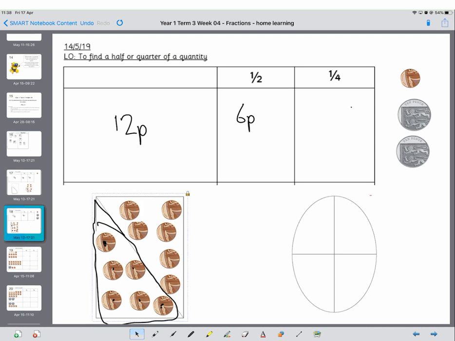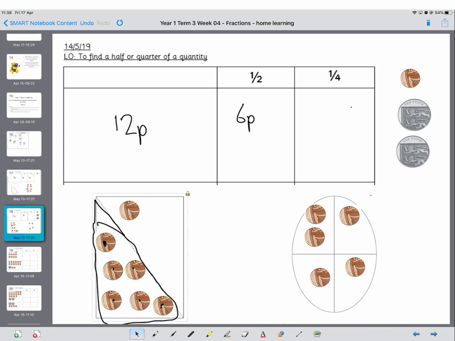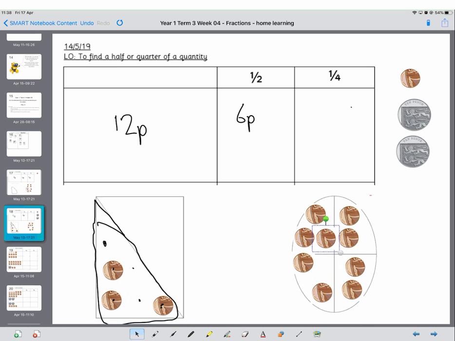So we need to move these into the quarters. So 1, 2, 3, 4, and again we're going round in that pattern. 5, 6, 7, 8, 9, 10, 11, 12.